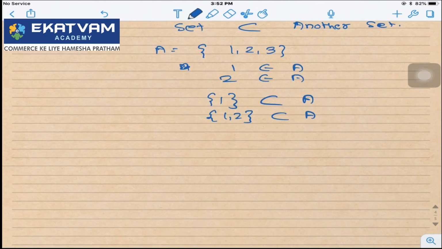अभी मेरा सवाल ये है कि suppose if I say A equal to {1, 2, 3}, then what will you say about {5}? Should I say belong or subset?